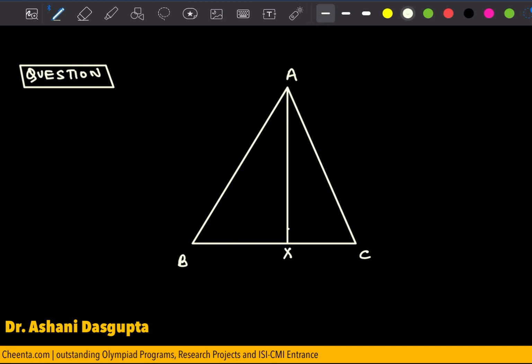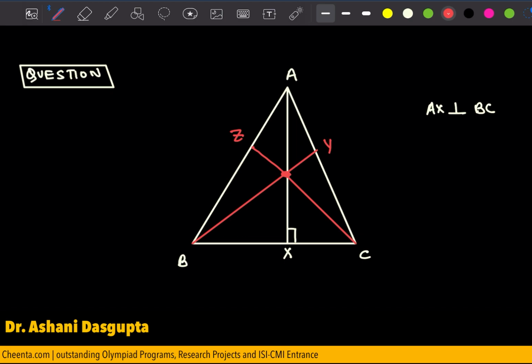Suppose this is X. So AX is perpendicular to BC. And you draw two more lines, BY and CZ. All three of these lines pass through the same point. So this is a single point of intersection.